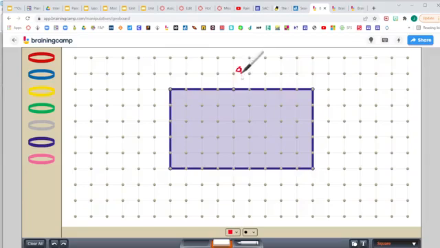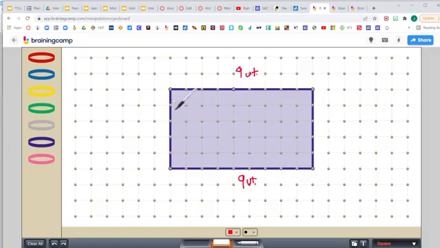Now I know that in a perfect rectangle, I'm just going to put UT. I know that in a perfect rectangle, the opposite sides are equivalent. They are the same length. So if I know that this side is 9, then I know that this opposite side is also 9 units long on that side.